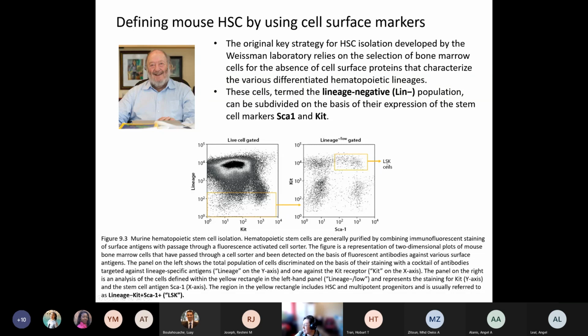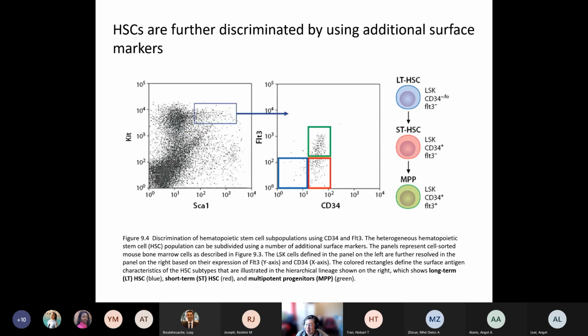L means lineage negative, S is SCA1 positive, and K is KIT positive. LSK cells are the original hematopoietic stem cells. But that work was done, I think, in the early 1990s.